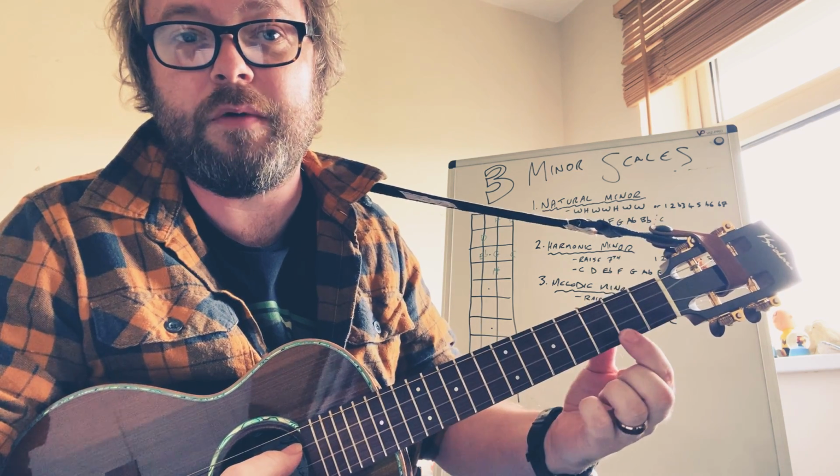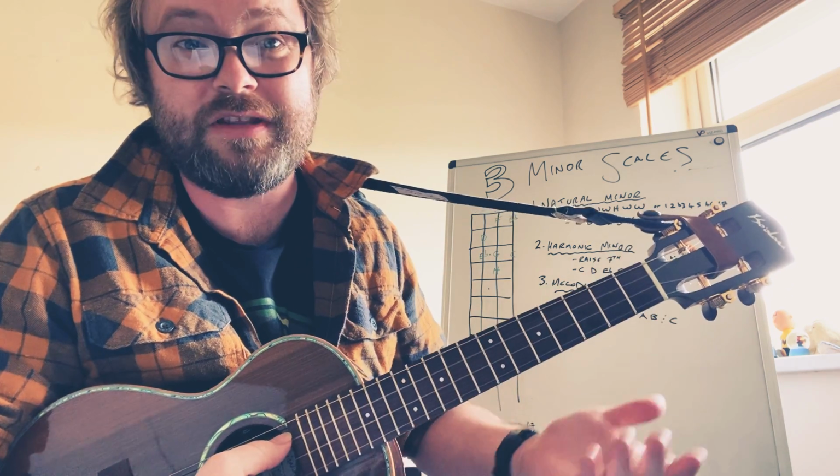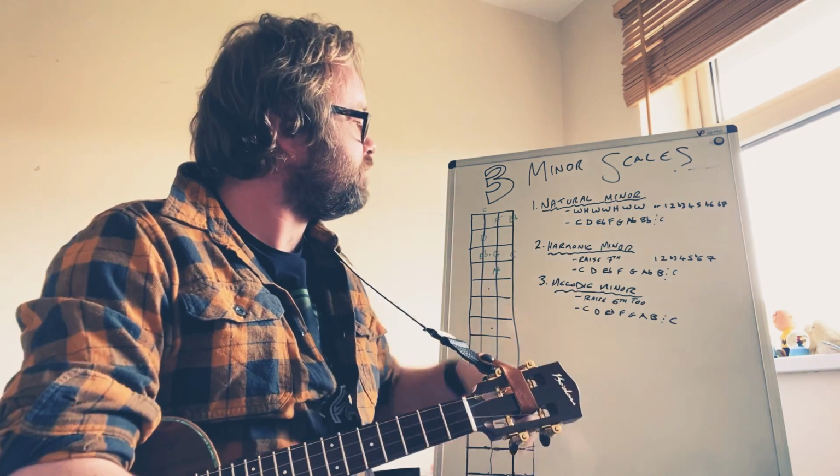Now listen when we change that B flat to a B. See how it wants to resolve to that C. Let's do it again. So this is now the harmonic minor scale. It has that lovely resolution.